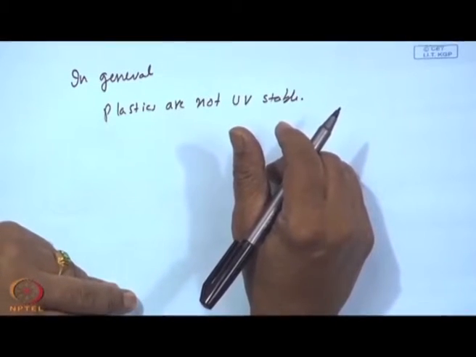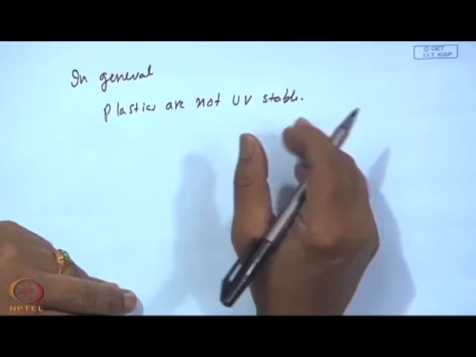In fact, our common experience shows that one fine morning when you are picking up a bucket of water, that bucket breaks down after 4 or 5 years of service, and you can't fathom the reason why it happens, but that is basically the UV instability. Particularly those things that are used outside, exposed to the sun, are more liable to this sort of damage than the ones that are completely used inside the house.